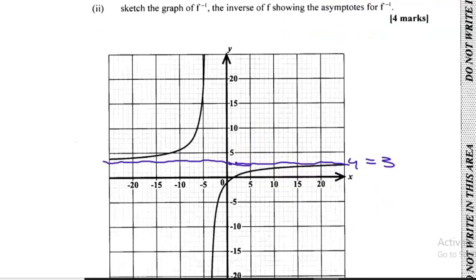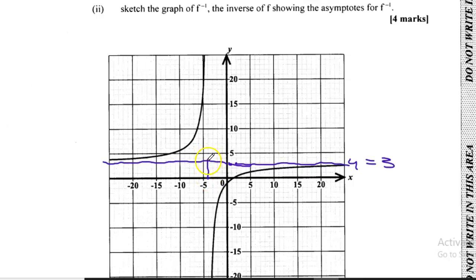It should be a straight line, and of course you'll draw that much better. So draw the line x equal negative 4 through the x-axis straight down. And notice that the curve should not touch either of the asymptotes.